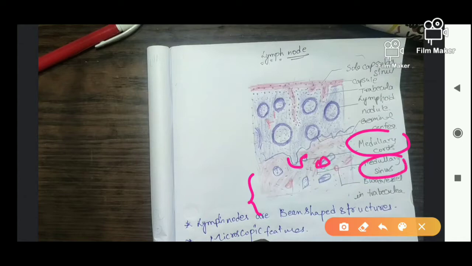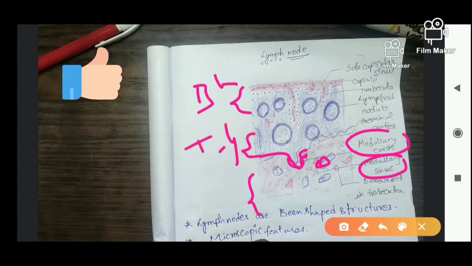The medullary cords are the extensions of the inner cortex or paracortex separated by medullary sinuses. These medullary cords have mainly B lymphocytes. We have learned that the outer cortex contains B lymphocytes and the inner cortex contains a majority of T lymphocytes, and in the medulla also we have a majority of B lymphocytes. Plasma cells and macrophages are also present in the medulla. These are the points that you should remember about the medulla.